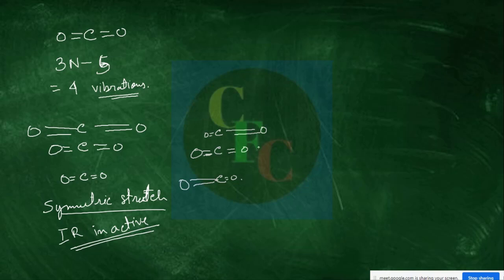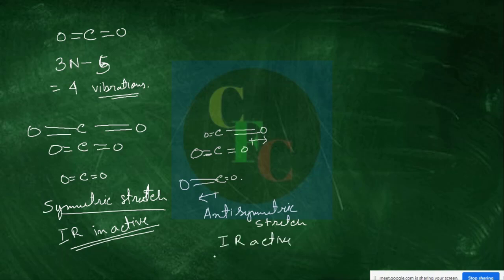From 0, you are either increasing the dipole moment in this direction, right? There is a positive dipole moment in this direction, and in this case in this direction. So there is a change in dipole moment, and as such this anti-symmetric stretch is IR active, because there is a change in dipole moment.